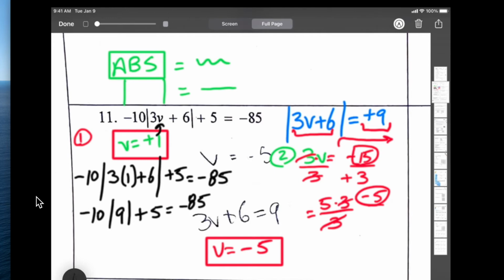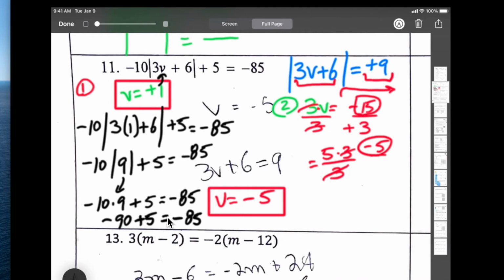We take the absolute value of 9, that's positive 9, so we have negative 10 times 9, plus 5 equals negative 85. Negative 90 plus 5 equals negative 85. That is a true statement. Negative 85 equals negative 85. Therefore, this is a valid solution.